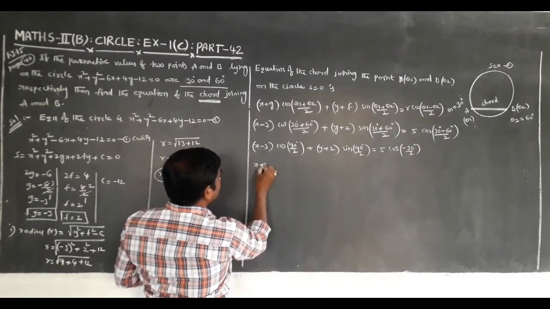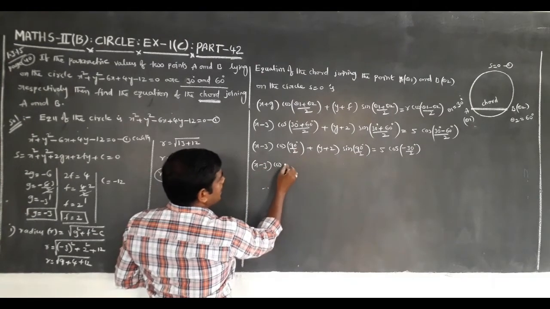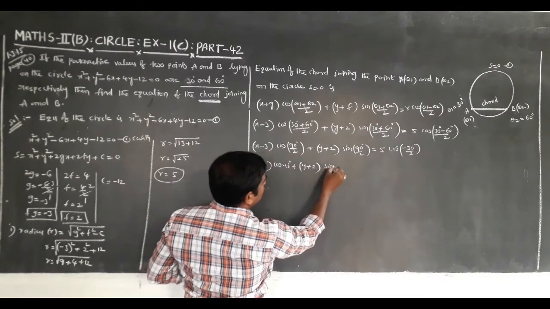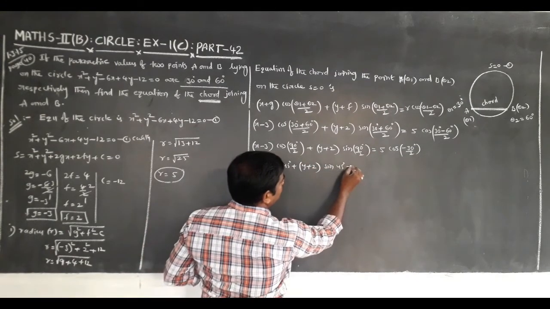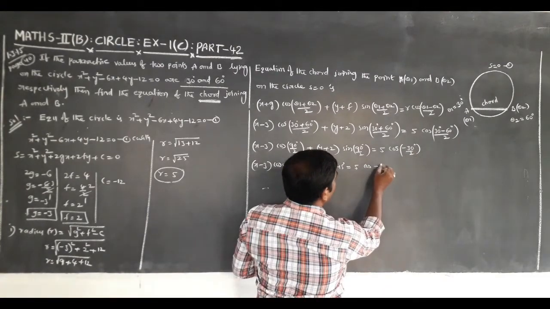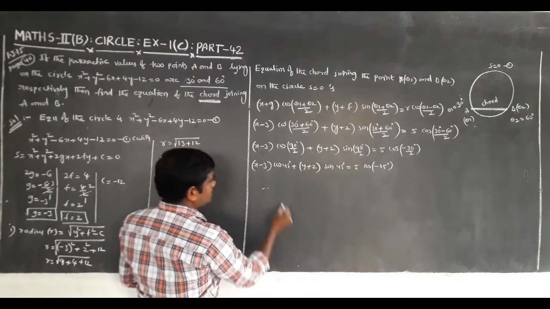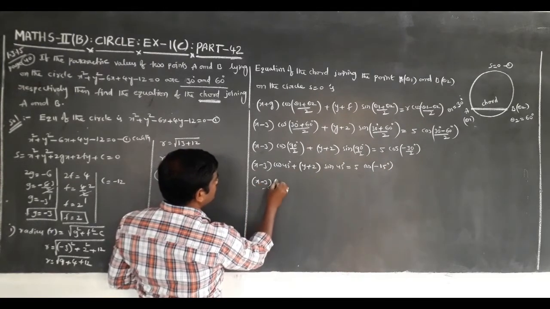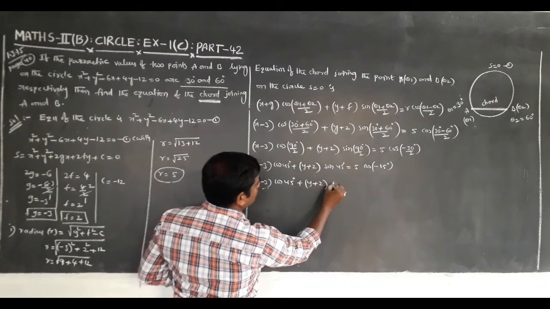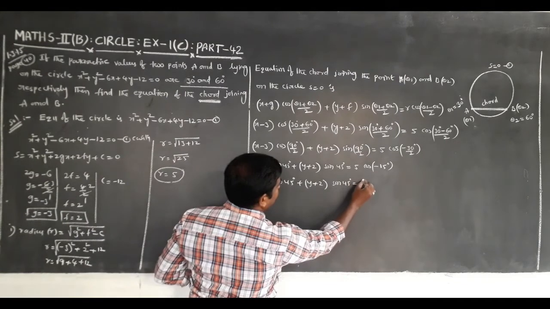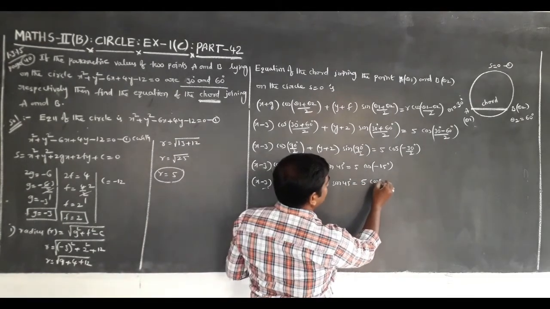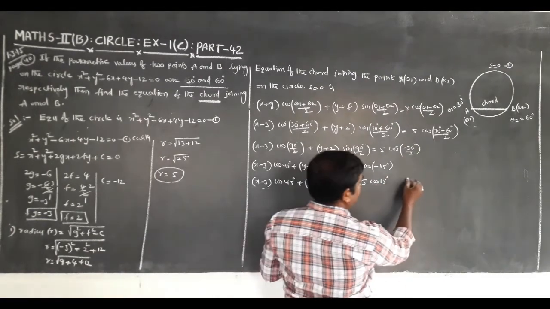So x minus 3 into cos 45 degrees plus y plus 2 into sin 45 degrees is equal to 5 into cos of minus 15 degrees.